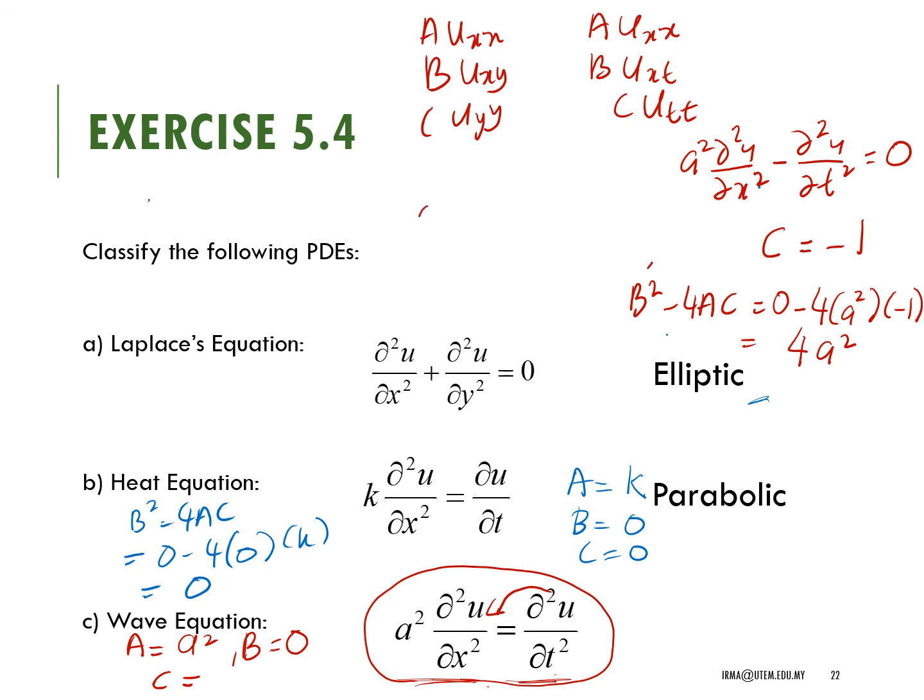If a is −2, a² is equal to positive 4. For any value of a, a² becomes positive, so it must be greater than 0. Since it is greater than 0, we consider it a hyperbolic equation.